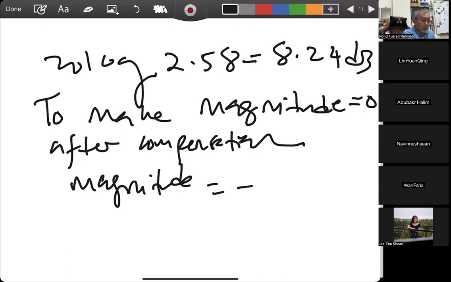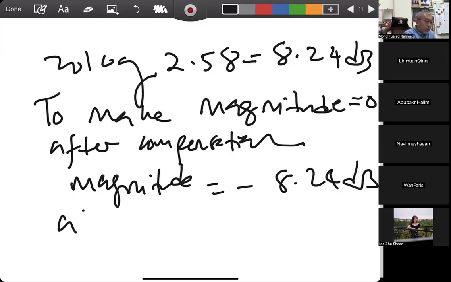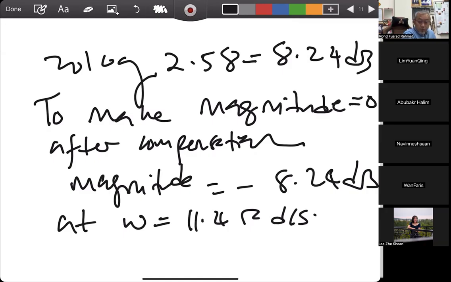you make it negative, as I taught you in the class. Minus 8.24 at omega 11.4 radian per second, which we know as omega max, 11.4.